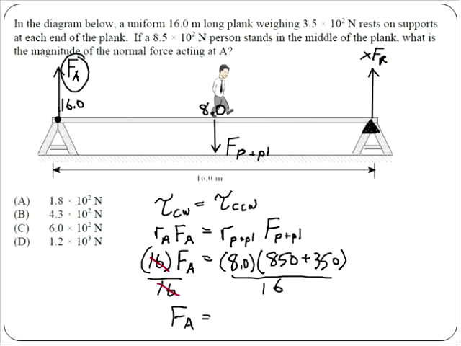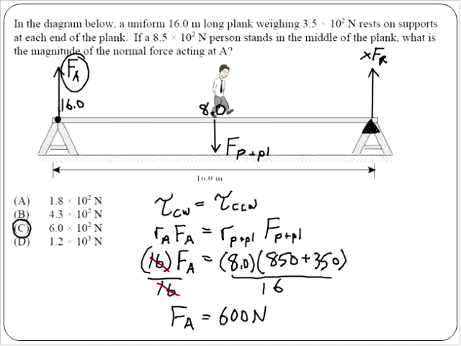If I did that calculation, I would get an answer of 600 newtons, which becomes 6.0 times 10 to the 2 newtons in scientific notation, because that's the way all the answers are given for this one.